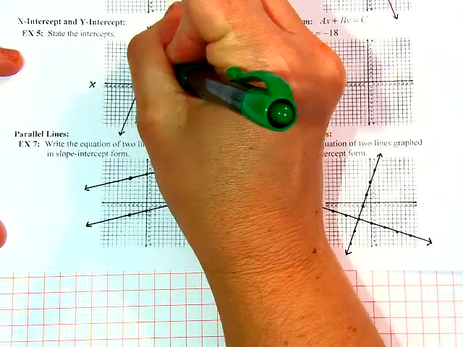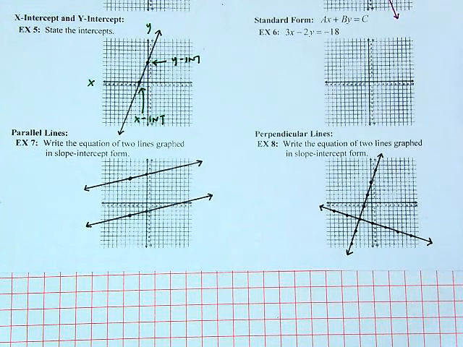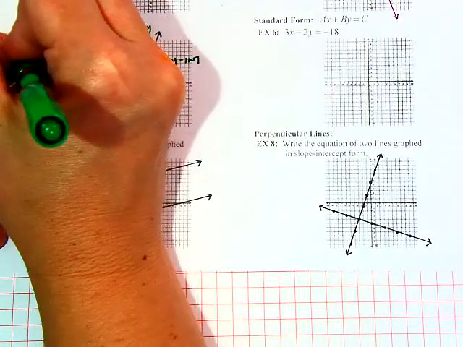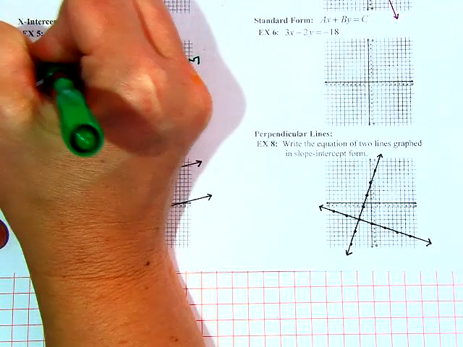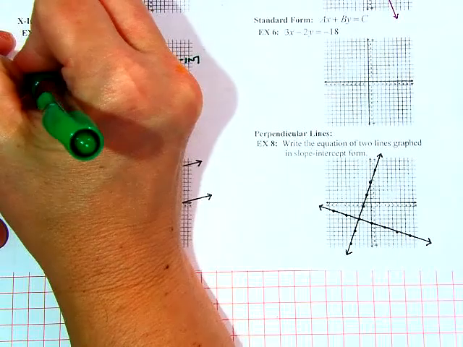And then here would be my y-intercept, right? That's where my line crosses the y-axis. So my x-intercept as a point here would be negative 2, 0.